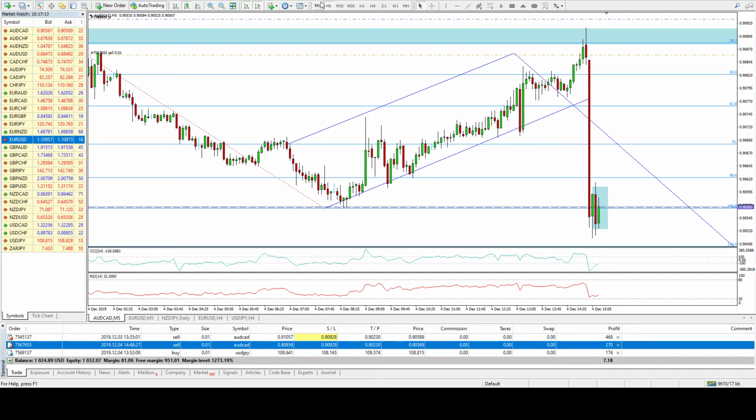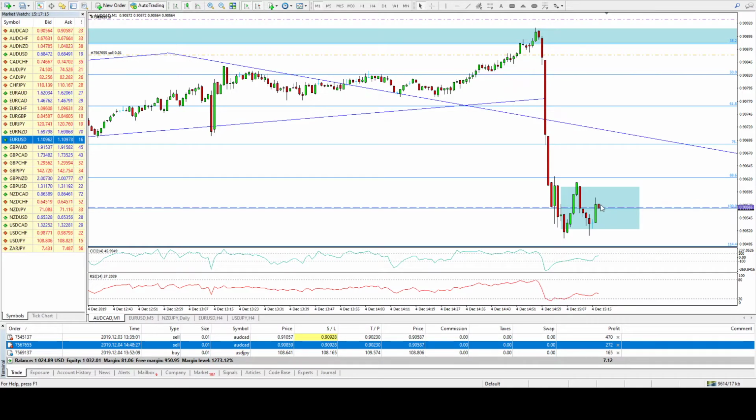We can take a look at the 1 minute chart, as you can see. Now we got this going on here in a minute chart, which we know what that is. That's a pennant. It's a continuance pattern. Buyers are back in.